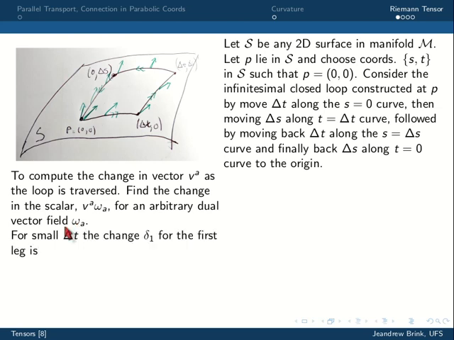Okay, and so what you do is, for small delta T, the change delta 1 for this first part is simply delta T times d/dt of this thing evaluated in the middle over there.